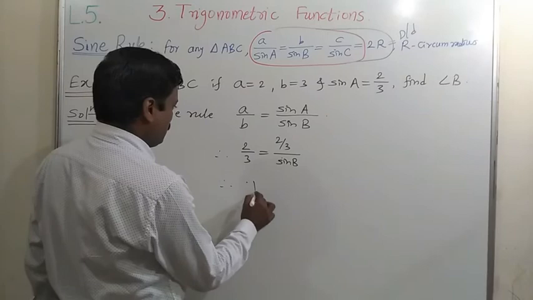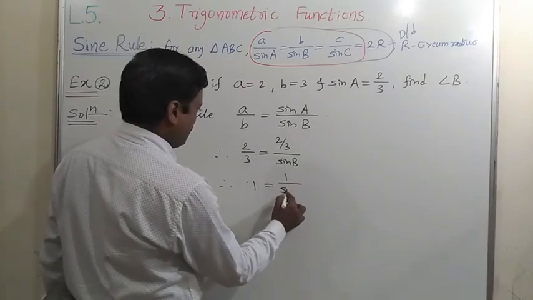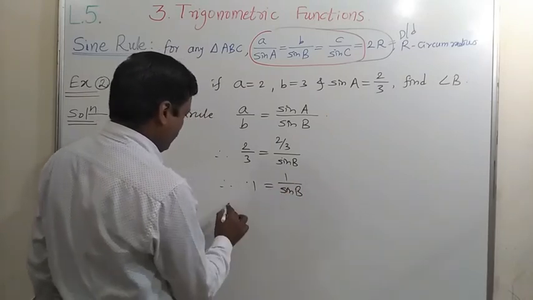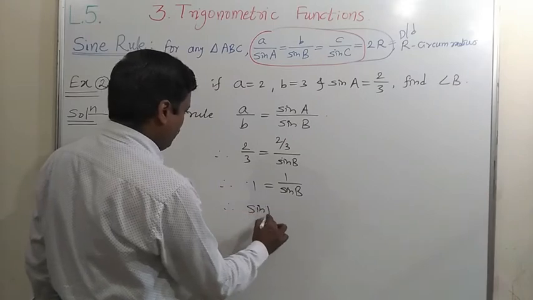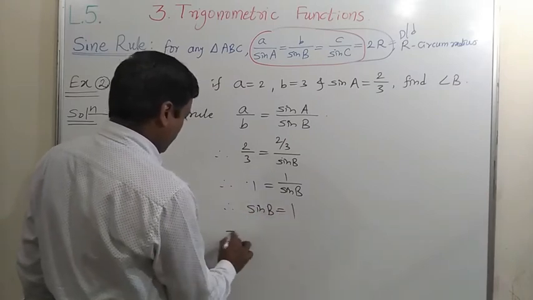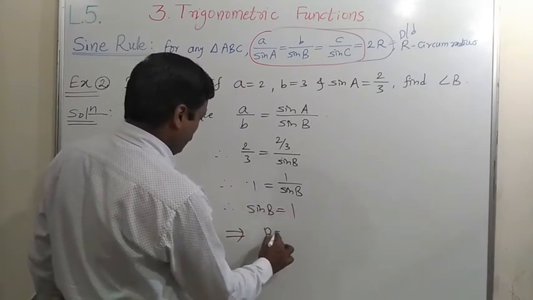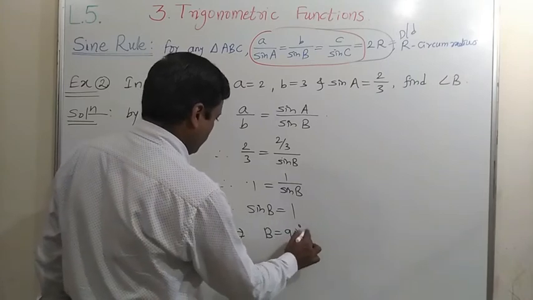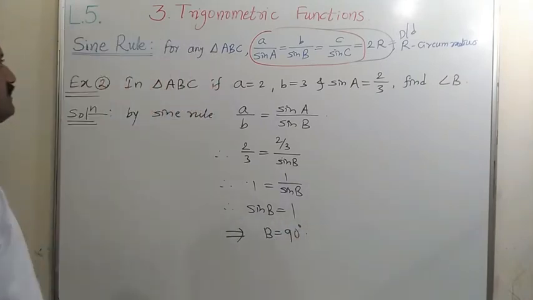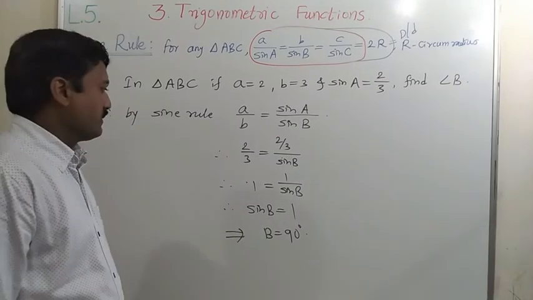From this we get 1 equal to 1 upon sin B. Therefore, sin B equal to 1 implies B is equal to 90 degrees or pi by 2.